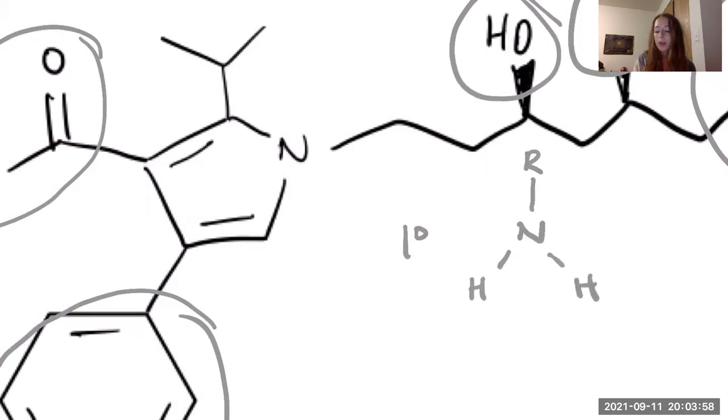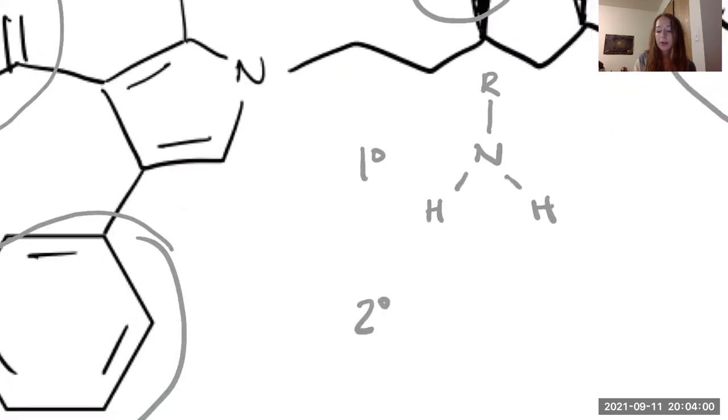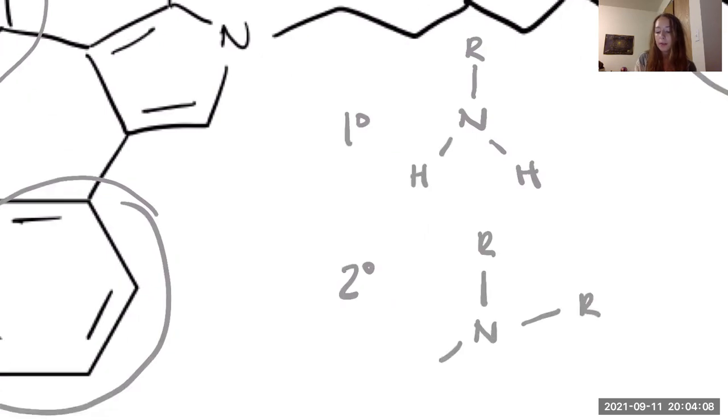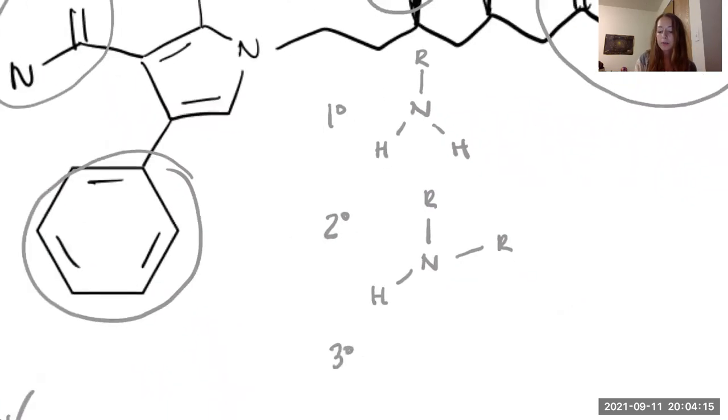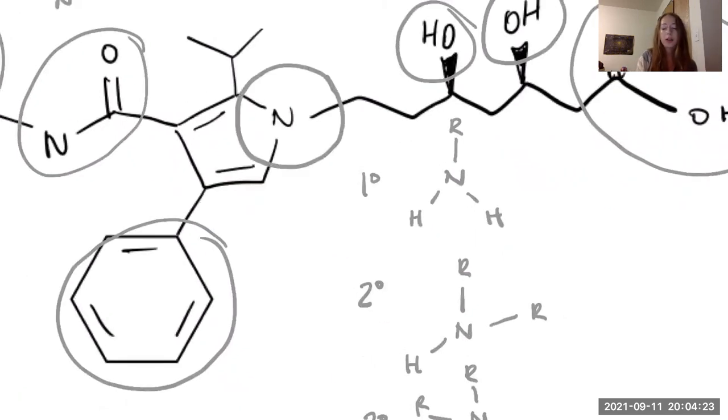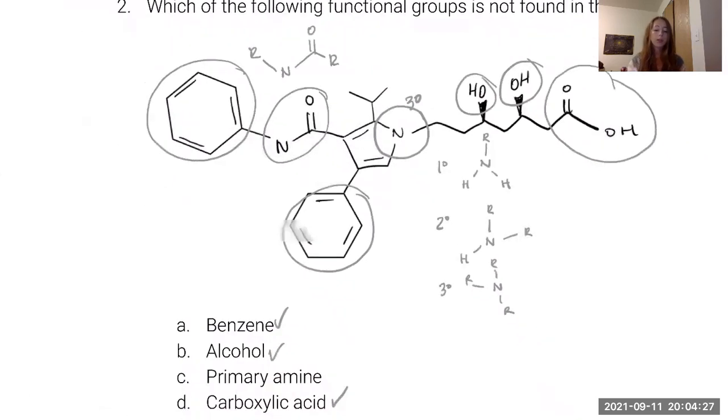A secondary amine would have two R groups, and again, those R groups just represent anything coming off the nitrogen that's not a hydrogen. And a tertiary amine would have all three as R groups. What we see over here is actually a tertiary amine. That's why C is wrong.